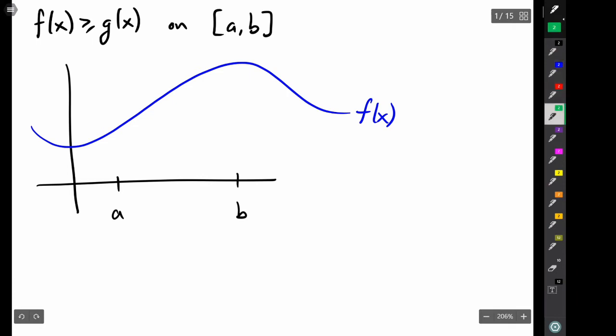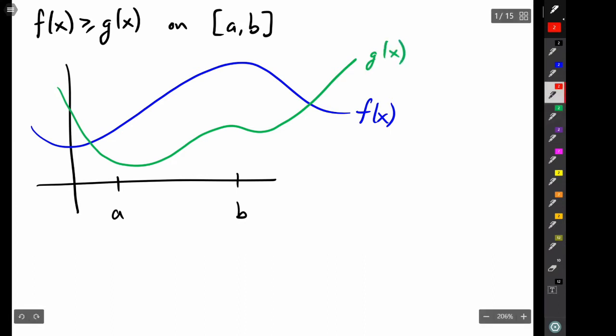And let's use some green for g here. And then maybe this is g of x. Now, the important thing is I'm only interested in the interval a to b, so I don't care if they cross outside. That's not really of importance here.